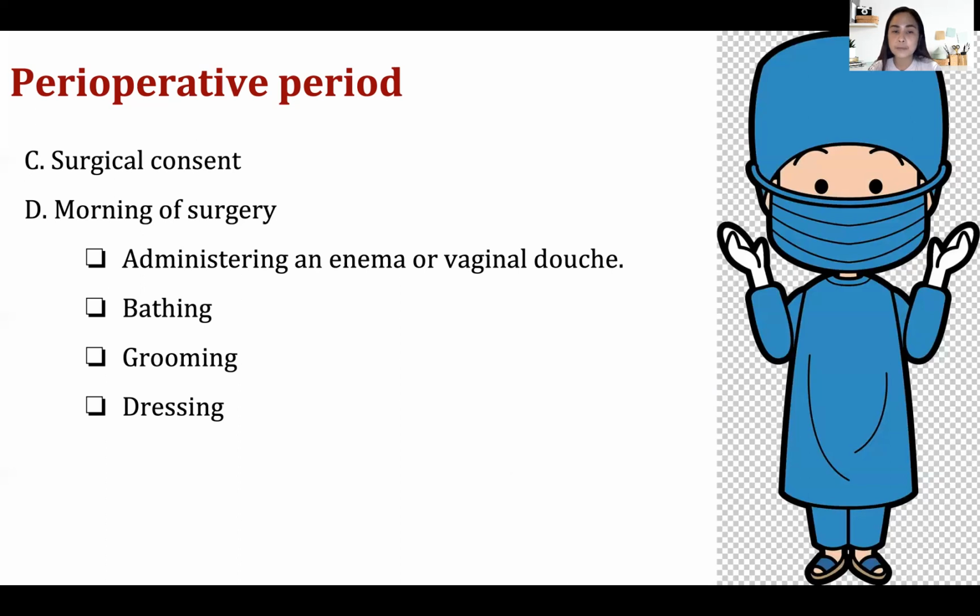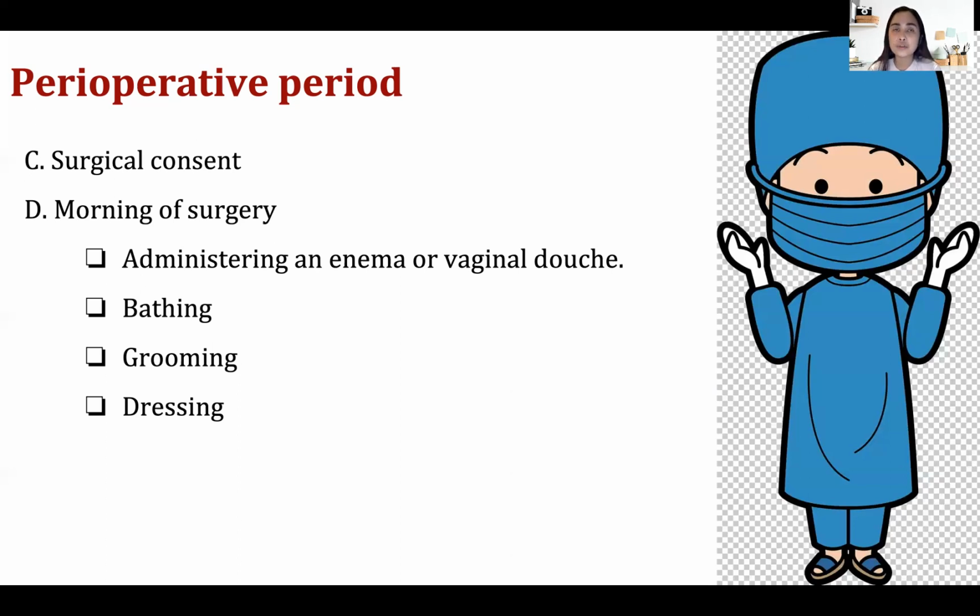So first, if the patient is having an abdominal operation related to the gastrointestinal tract, for example, appendicitis, or the patient will be having colonoscopy or sigmoidoscopy, the patient should have an enema. I told you last Friday, I taught you how to do an enema. Why do we need to do this enema and vaginal preparation?